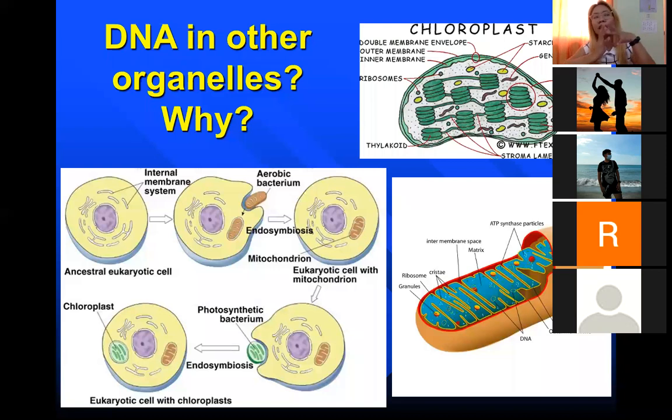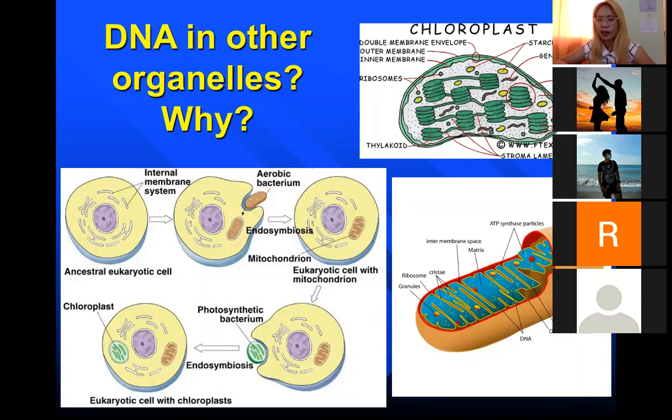Kasi pag tinignan natin yung egg cell at saka yung sperm cell, in terms of size, mas malaki talaga yung egg cell. So basically, ang na-i-inherit lang ng offspring coming from the father is the DNA in itself, yung nandoon sa loob ng nucleus. Pero pagdating sa mother, ang na-i-inherit niya coming from the egg cell is not just the DNA but all the other organelles.